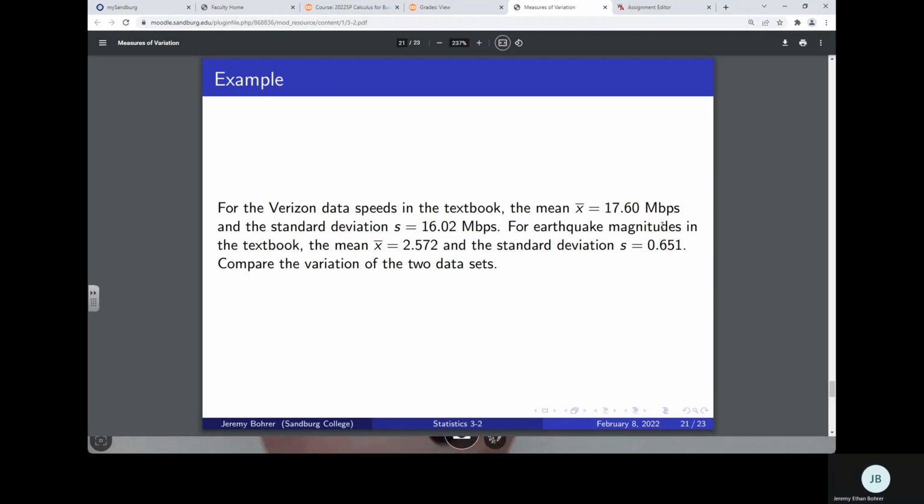And for the earthquake magnitudes in the textbook, we have the mean is 2.572 and the standard deviation is 0.651. And we're asked to compare the variation of the 2 data sets.